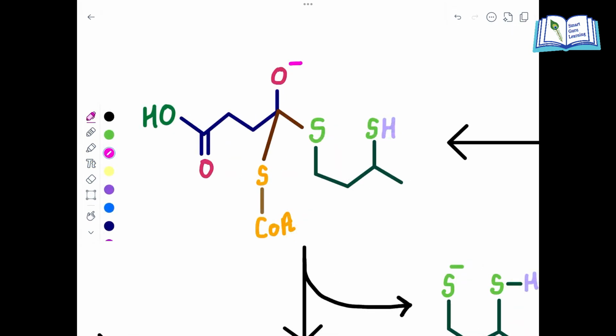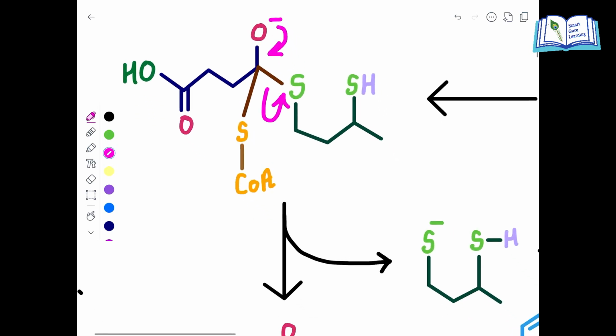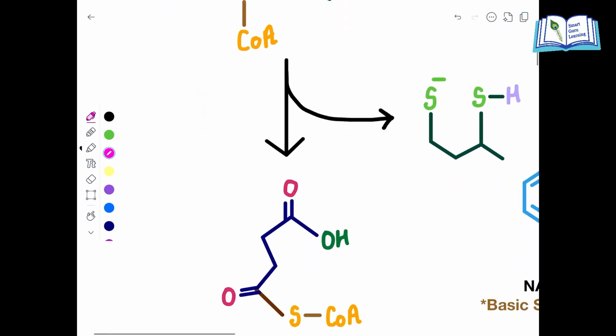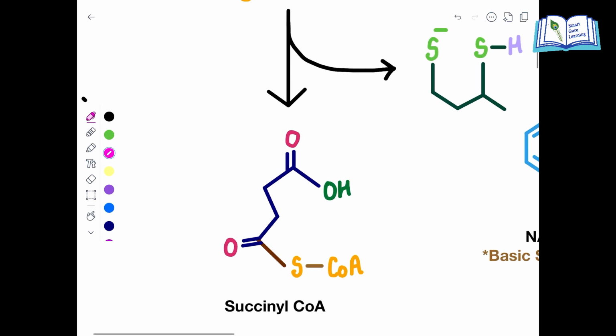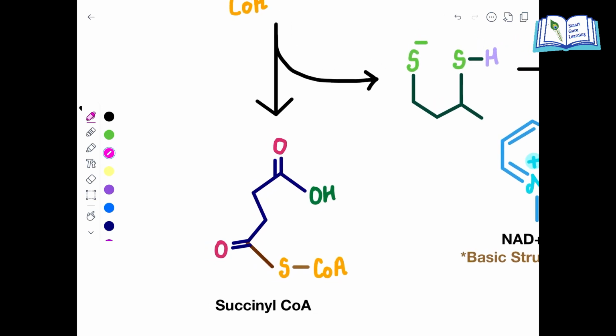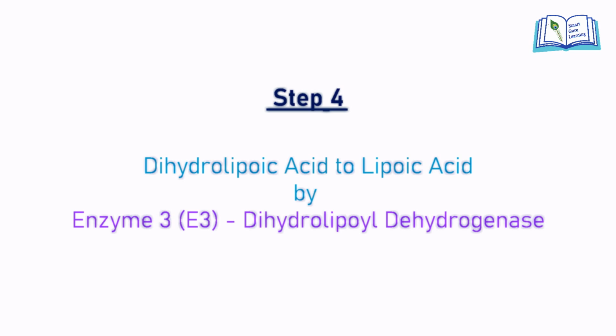The electrons from the oxygen move back here to form a double bond, and the bond with the dihydrolipoic acid is broken and released. In this way, we get an intermediate that looks like this with the succinyl group attached to coenzyme A.